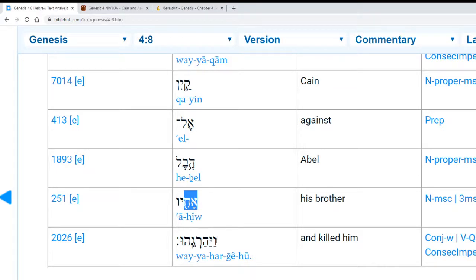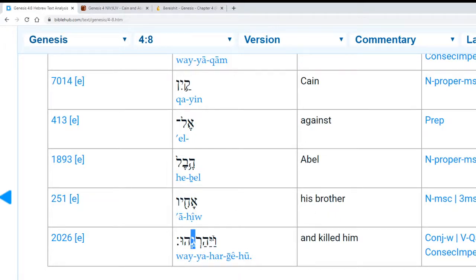Vayahargehu. So the root here, Hey Resh Gimel, is to kill, right? As in murder, as in Lo Ta'arog, right? In the Ten Commandments, it says, "Do not kill," and this is the same root, Hey Resh Gimel.